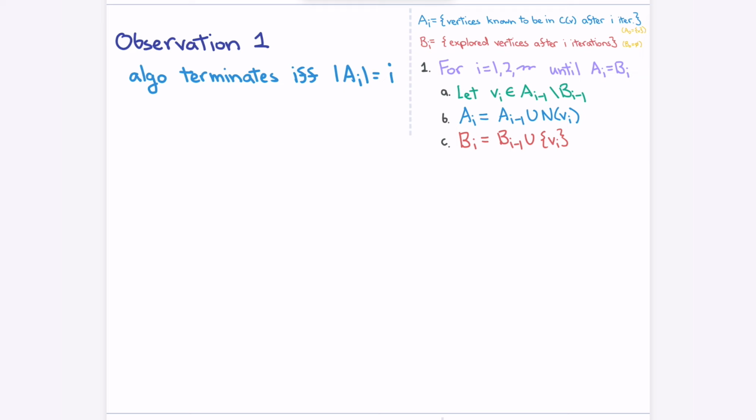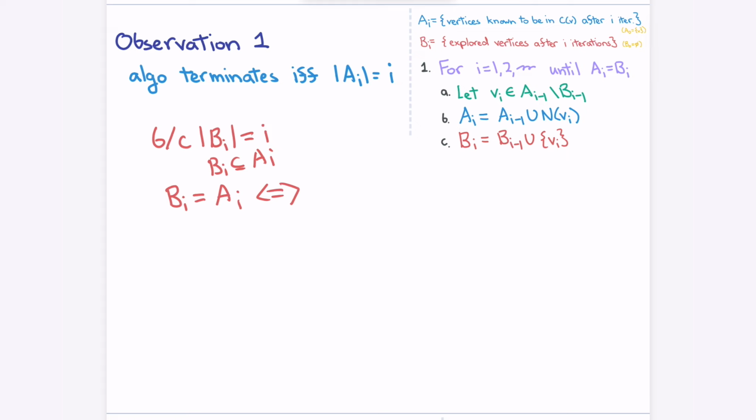If I had 11, I would have one left over. This is because the size of B_i is always equal to i. That means I terminate only if B_i is equal to A_i. And you also know that B_i is a subset of A_i, if you wanted to do this slowly and formally.